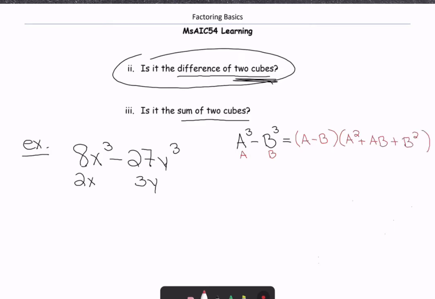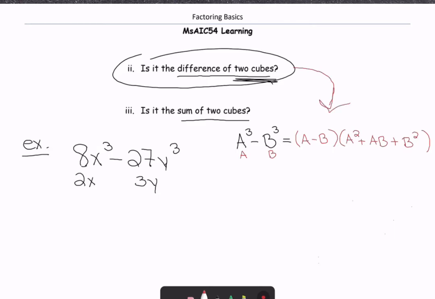And remember, this is the generic form. It looks confusing right now because it just has letters in it. But once we put numbers in there, it should make a little bit more sense. So this is the generic form for difference of cubes.